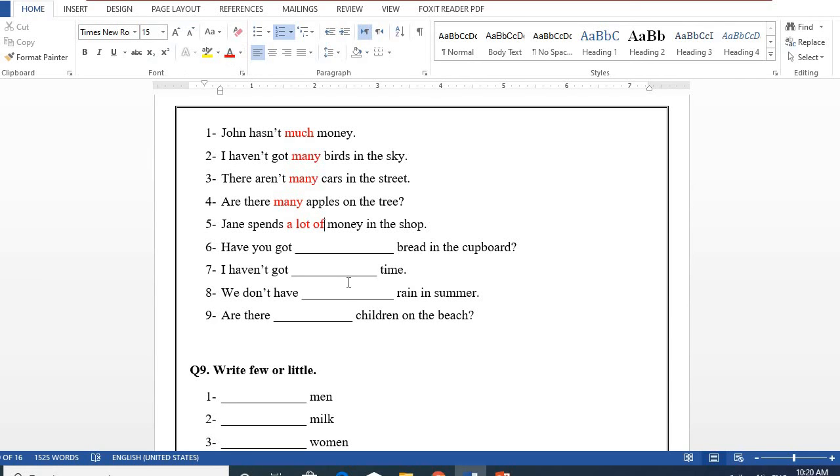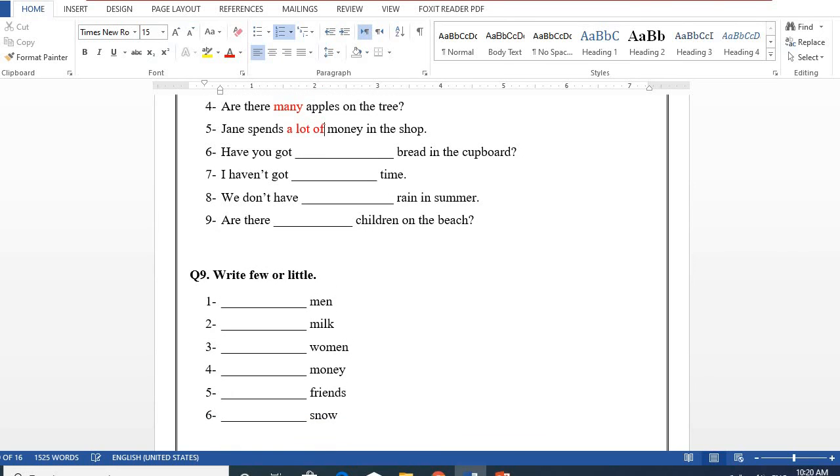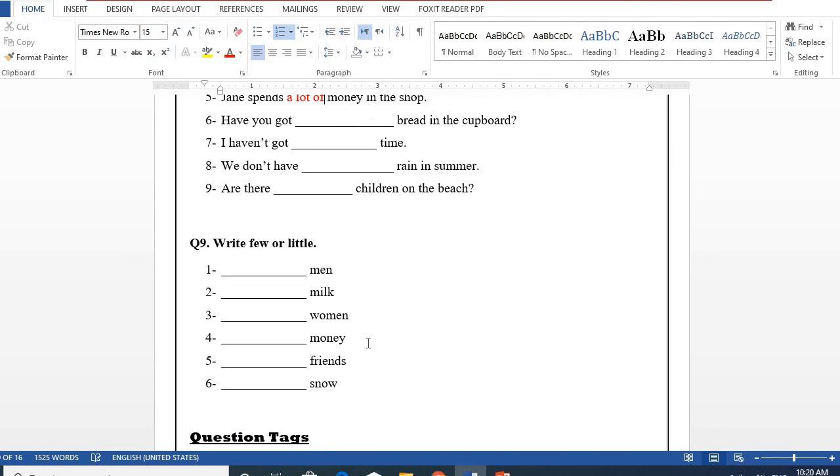I leave the rest of the questions for you as homework. Now the second question asks you to add a few or a little. I'll do the first three with you and you do the rest as homework too.